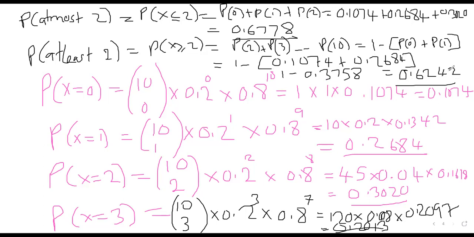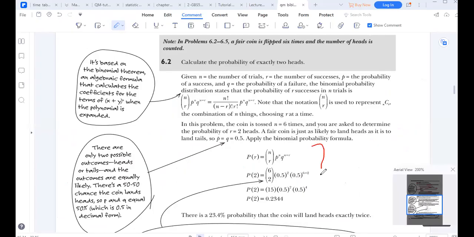So this is how binomial distribution is supposed to be treated. I've already explained these formulas here, just to explain a few things. Suppose you have a coin tossed 6 times, so your n is 6, and you're asked to determine the probability that you're going to get 2 heads.